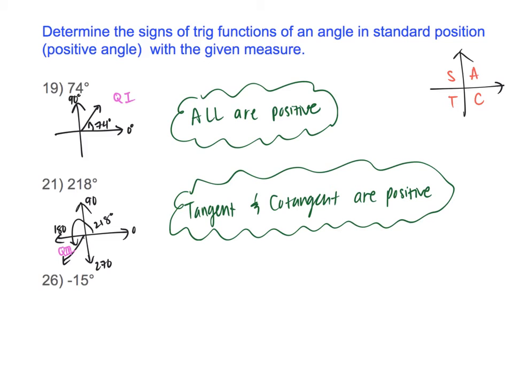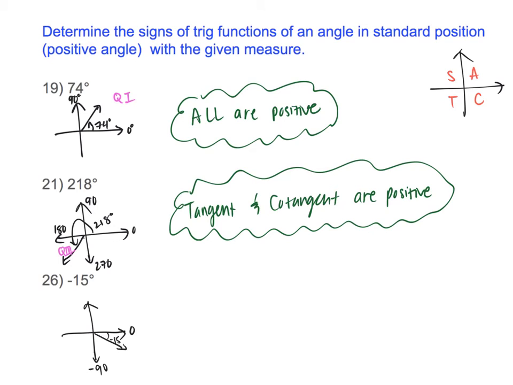And then this last one is a little bit tricky because it's a negative angle. But we remember that whenever you're going counterclockwise, you're going in the positive direction. So if we want a negative angle, we have to go clockwise. If we go clockwise, this is 0, and this would be negative 90. So it has to be somewhere in here.